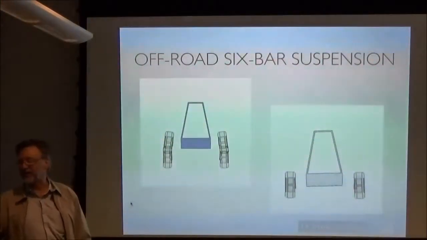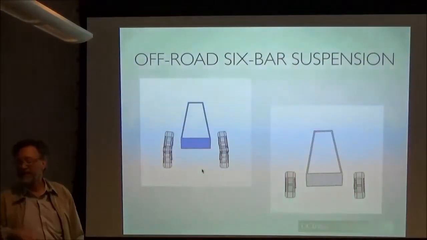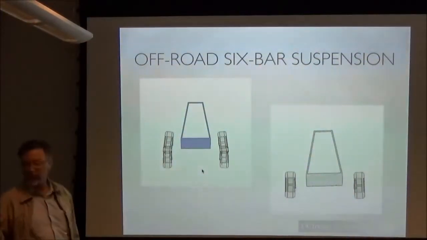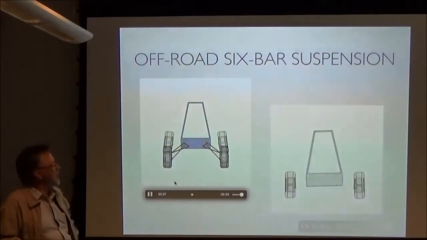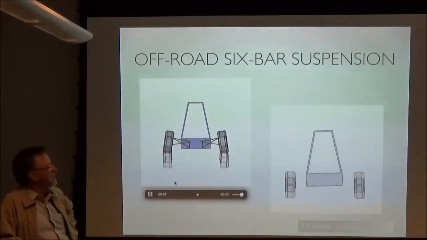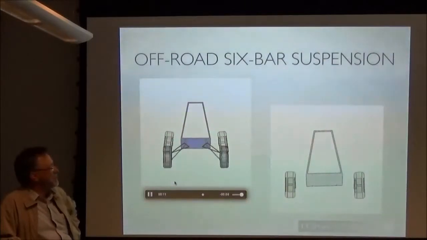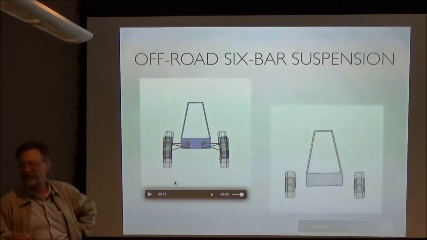Okay, these are really recent results. This is using the same sort of theory to try to design a very high extension suspension, for a Baja going over boulders and stuff like that.